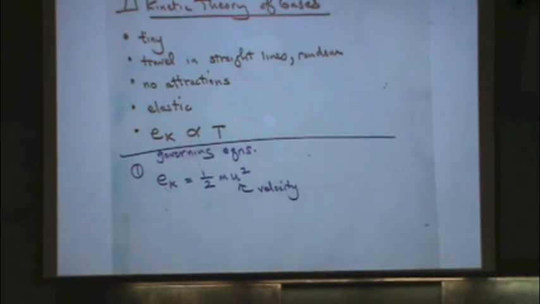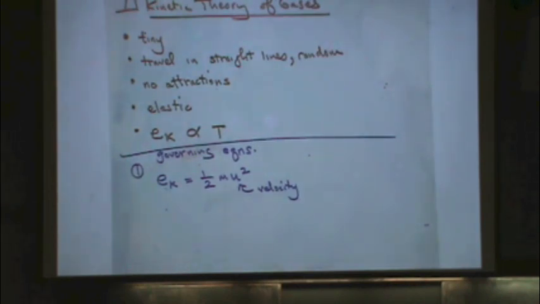Let's think about this. At the same temperature, remember from before, kinetic energy on average is the same. But in our room, say we have nitrogen N2, we have O2, we have argon. According to this, if the kinetic energy is the same, the heavier a molecule gets, the slower it goes.